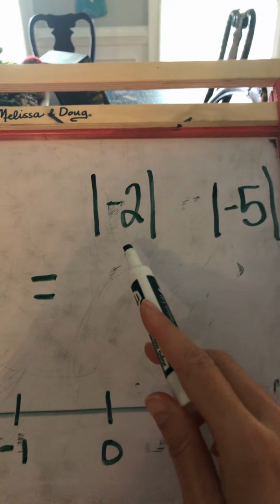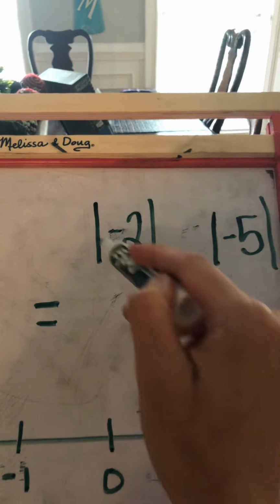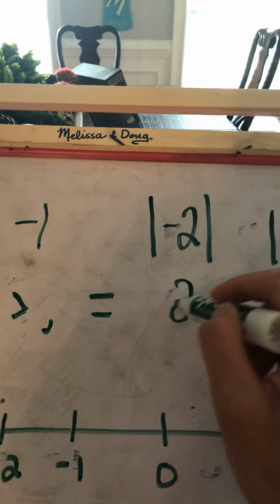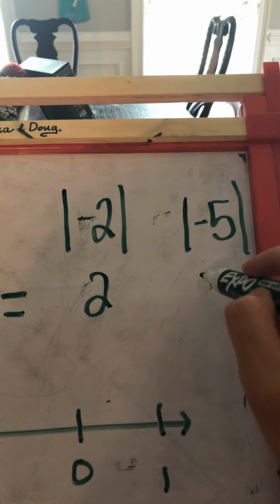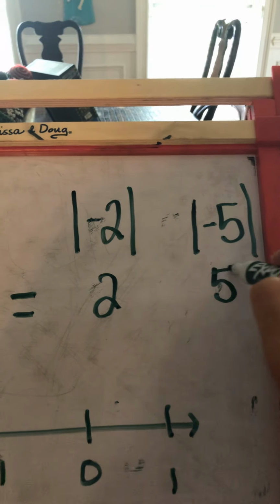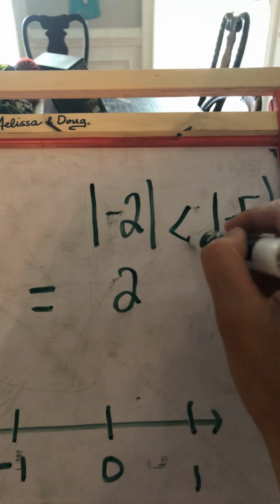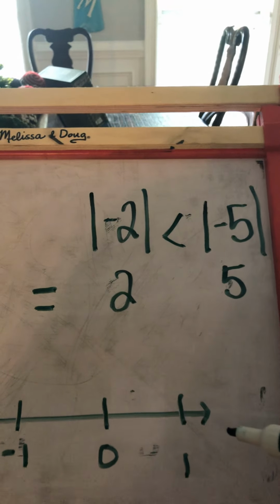Absolute value is a positive form of whatever's inside our absolute value sign. So this is 2. And the absolute value of negative 5 is 5, because absolute value can never be negative. So now we can put our less than sign.